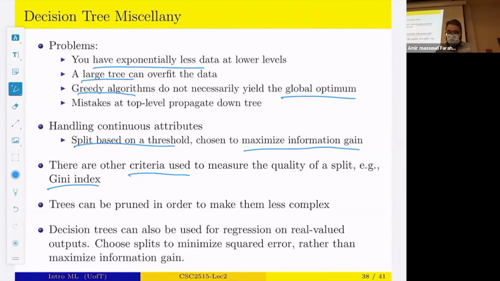One thing that I didn't really talk about, but is common in practice and many packages do this, is pruning a tree. Many of these methods start by constructing a tree, but at the end they simplify the tree by removing some of the nodes.